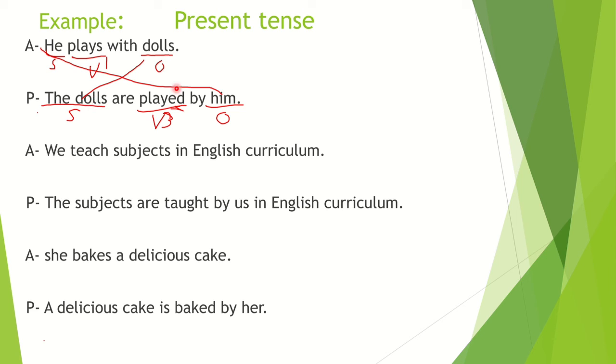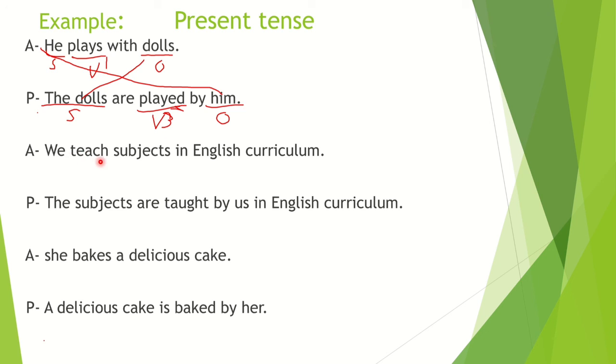I hope you have understood the present tense form in passive voice. The dolls are played by him. Here also in the active voice, he plays with dolls. The same sense we have to follow while we make the passive voice. We should not change the tense. We should not change the sense.